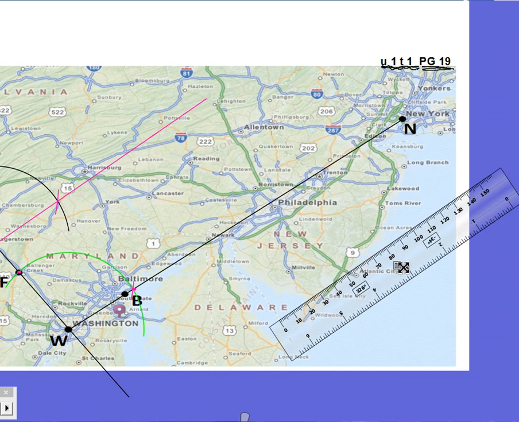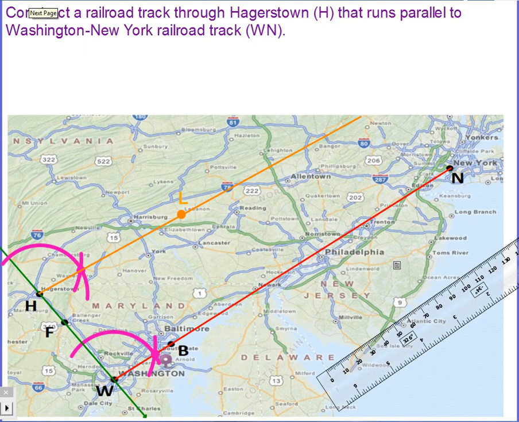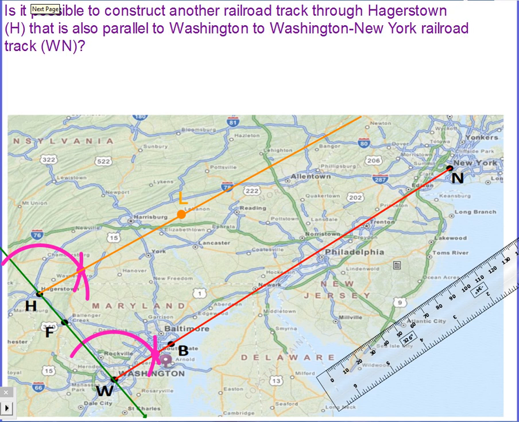All right, so that was our goal. I feel like it looks a little off. A little bit off. All right, but this is what we're looking for. Something that's parallel to WN through H. All right.